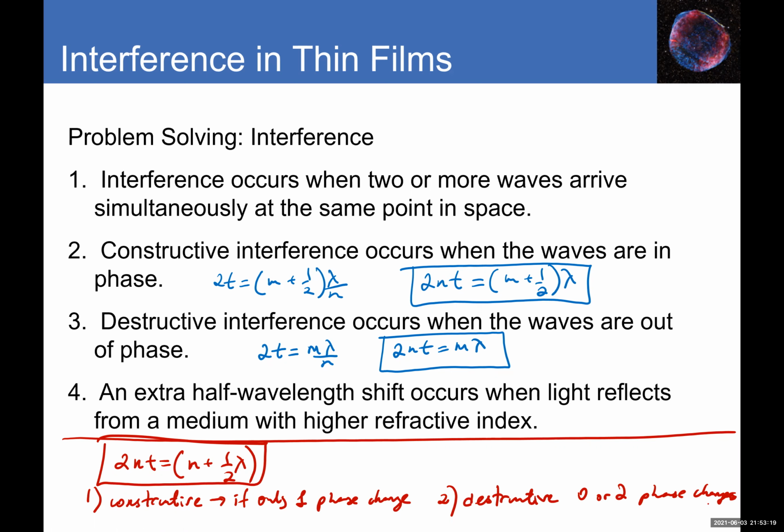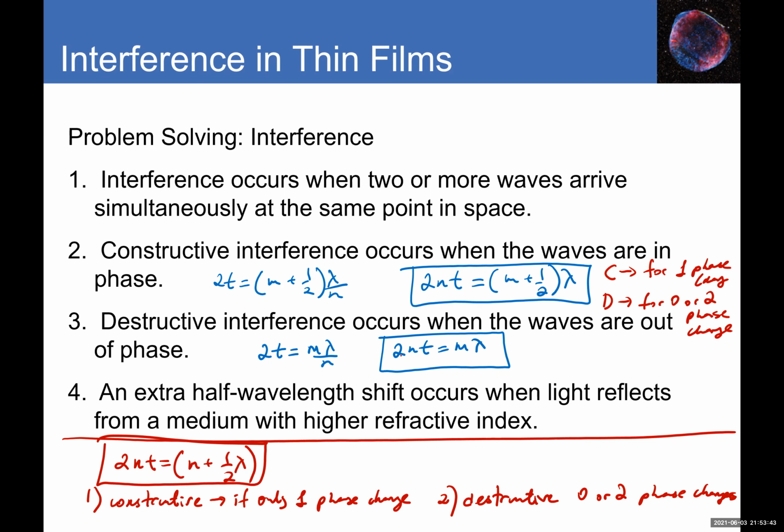Okay, so that's that. Let me write that down. C, constructive, for one phase change, and D, destructive, for 0 or 2 phase changes. All right, so how about the other equation, 2nt equals m times lambda?